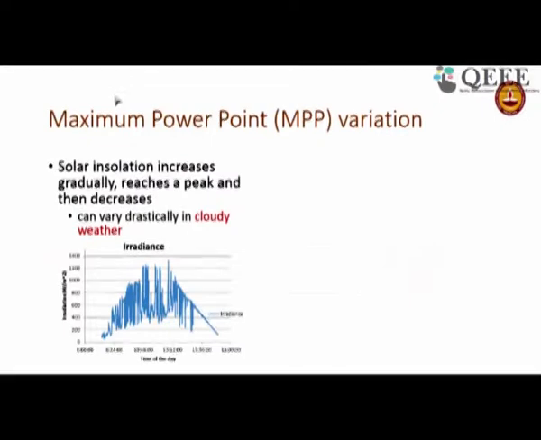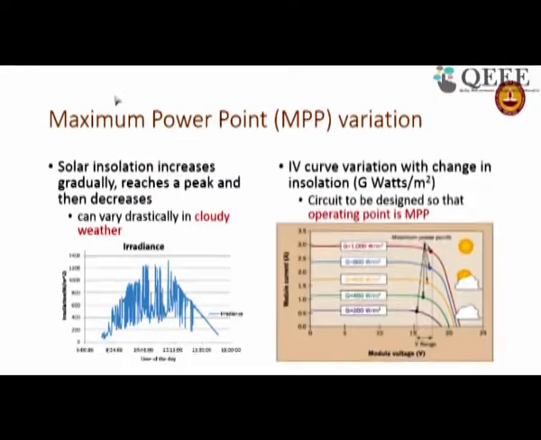So one of the key things that you need to do is keep on changing the voltage. You have to track. A small cloud comes in, you change the voltage, in fact reduce the voltage to the maximum power point. The cloud goes away, you go back to the voltage. You have to keep on tracking.